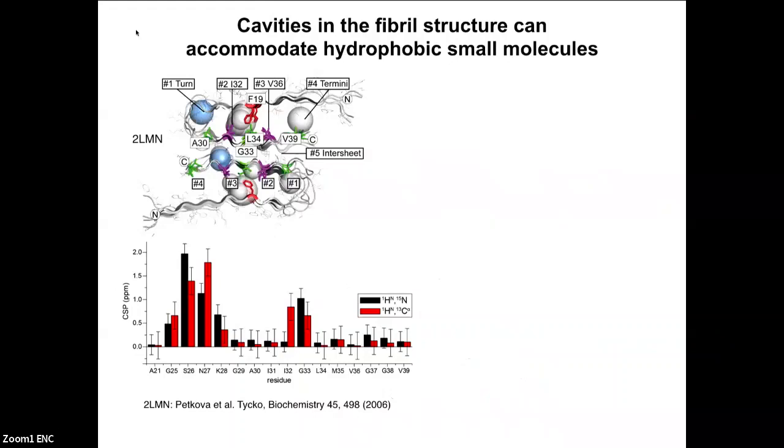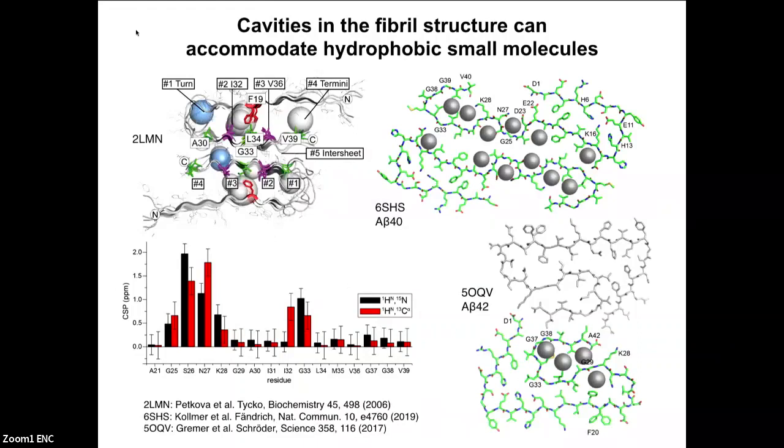When you look into the structures, and here are the Rob-Tico structures, but this also applies to other cryo-EM structures that have been solved recently, you find relatively large cavities in those structures that can potentially accommodate a hydrophobic small molecule. So here's the structural model from Markus Fendrich's group, Marius Kolmer, and here's the cryo-EM structure from Gunnar Schröder and Lothar Krämer.